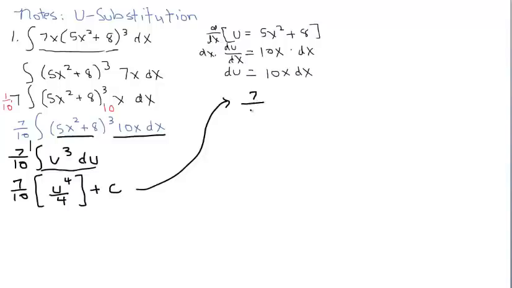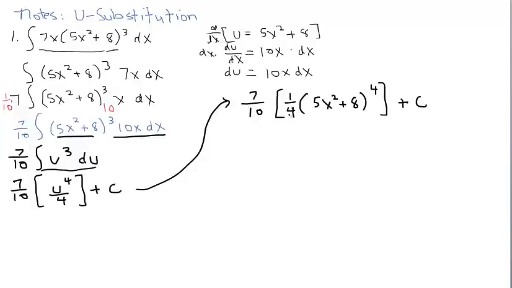And I don't want a u answer, I want an x answer. So all I'm going to do is replace the u with what it was representing back up here. So 7/10 times, and I'm going to pull the division by 4 out as a multiplier, so 1/4 times quantity 5x squared plus 8, plus the constant of integration.